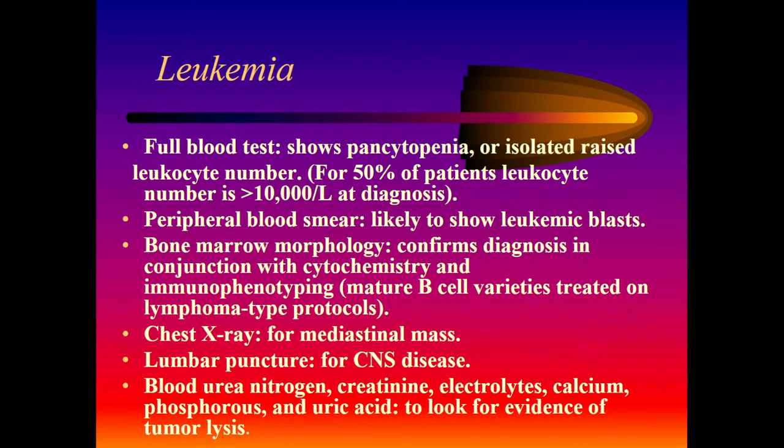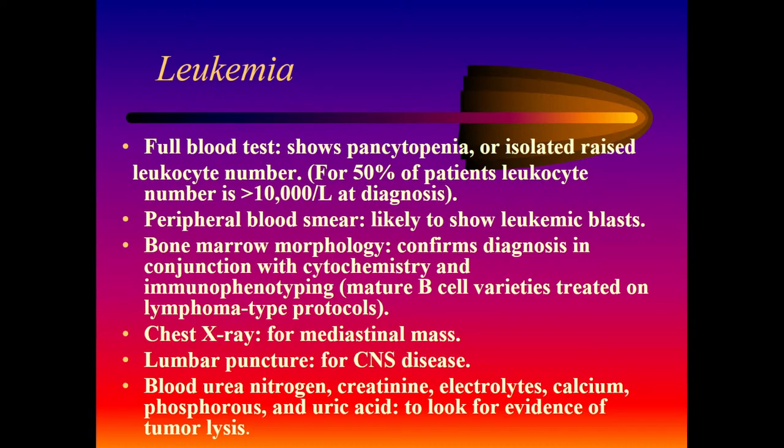Peripheral blood smear is likely to show leukemic blasts. Leukemic blasts are one of the main symptoms of leukemia. Bone marrow morphology confirms diagnosis in conjunction with cytochemistry and immunophenotyping.